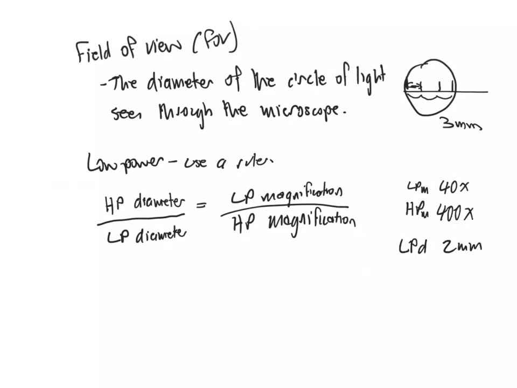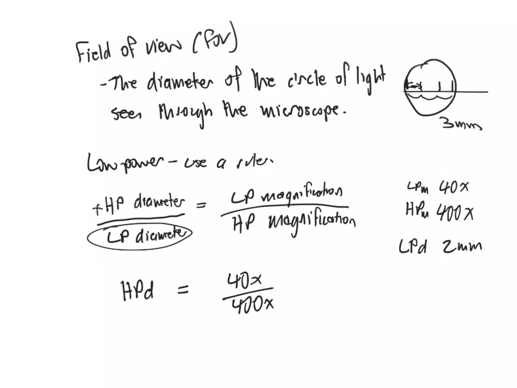So high power D equals low power magnification, which was 40 times, divided by 400 times. Now, see how we had low power over on this side here? We want to have high power diameter by itself.